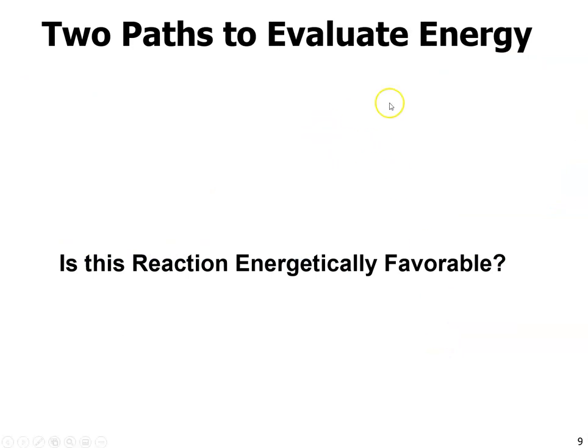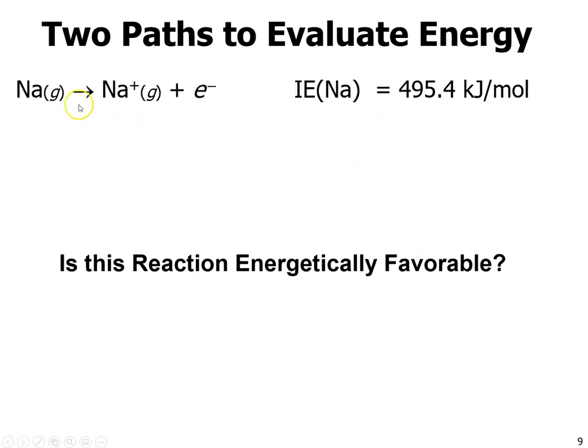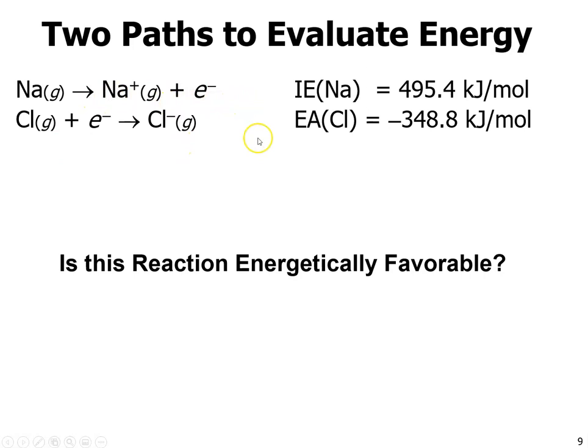So there are 2 different pathways to evaluate this energy. First, we're looking at the sodium releasing an electron, so the ionization energy of sodium. That's actually going to cost us 495.4 kilojoules per mole of energy. So we have to put in that amount of energy to rip off that electron from the sodium element. However, when we add an electron to chlorine and make a chloride ion, that actually releases energy, 348.8 kilojoules per mole.